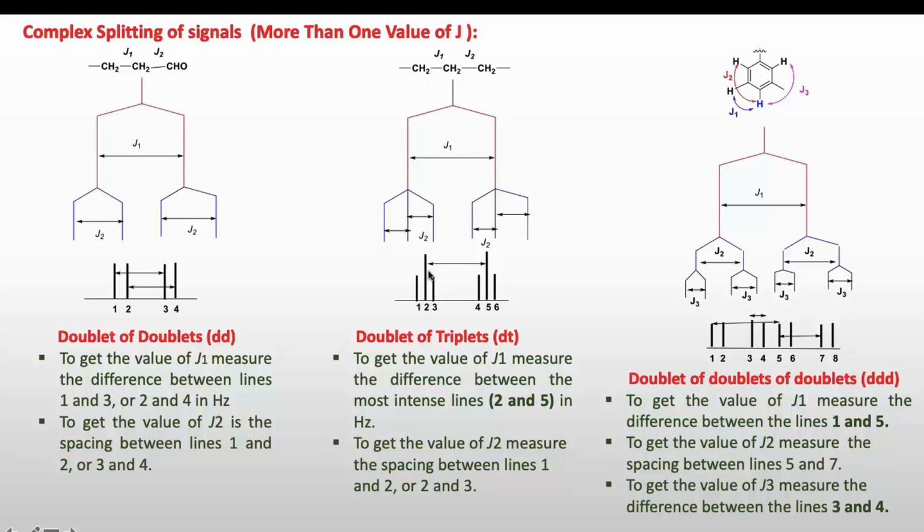First we have to calculate J by measuring the difference between the most intense lines, that's the 2 and 5 lines, in hertz, and multiply it by the operating frequency. So the distance between these two peaks will give J1, and the distance between any two adjacent peaks, like 1 and 2, 2 and 3, 4 and 5, or 5 and 6, will give the value of the J2 coupling constant.